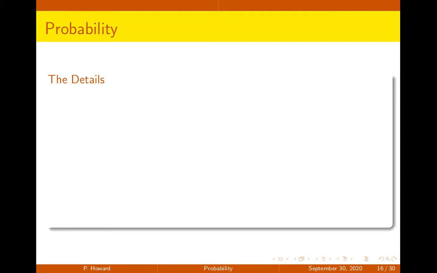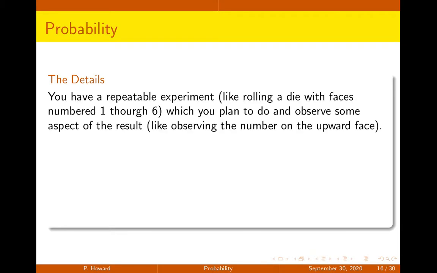So here are some of the details of exactly what probability is. We're going to suppose that we have a repeatable experiment, like rolling a die with faces numbered 1 through 6. You're planning to do this experiment and observe some aspect of the result. So if you're rolling a 6-sided die, the natural thing to do would be to observe the number on the upward face.